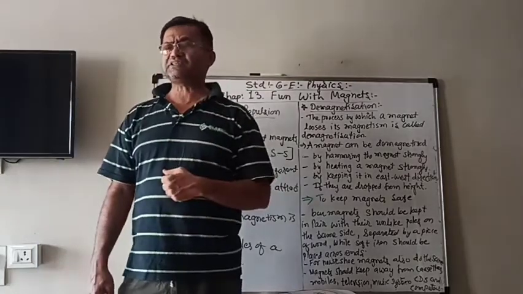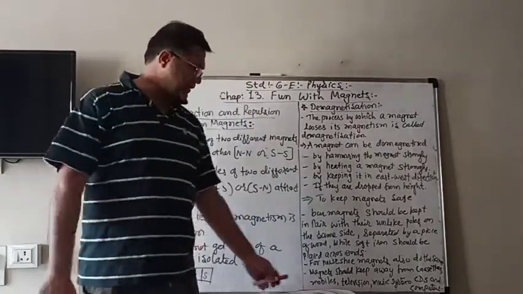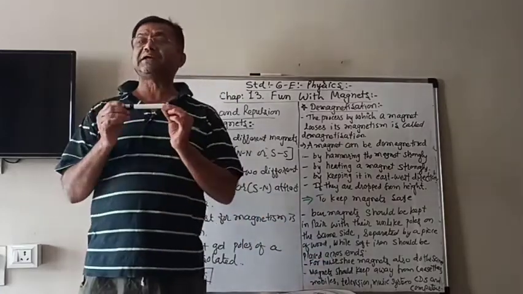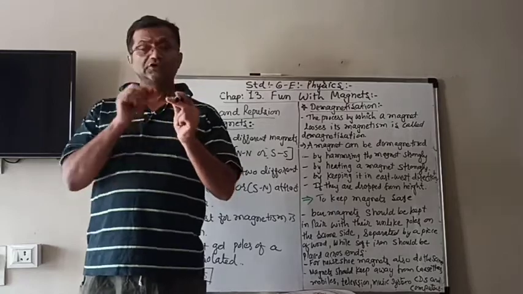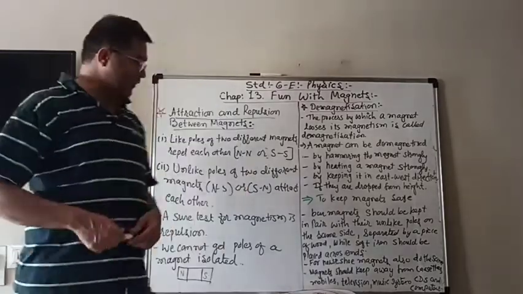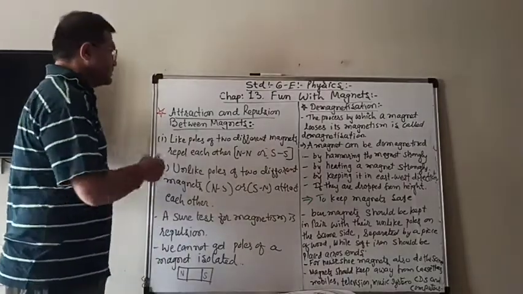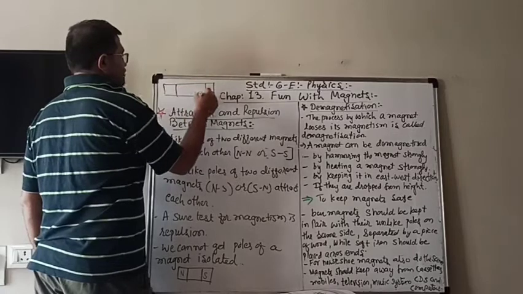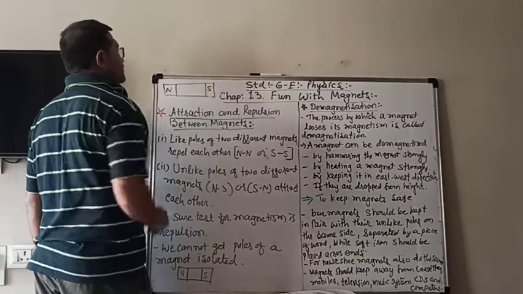Another important thing about a magnet I want to explain to you. We know that a magnet has two poles, north pole and south pole. Now suppose I cut it like that here. You know that there is the north pole here, the south pole here.